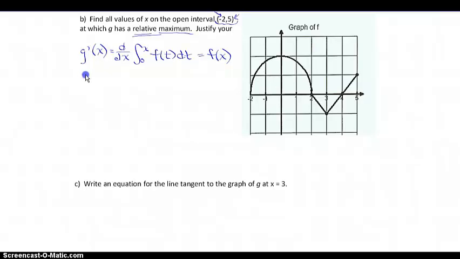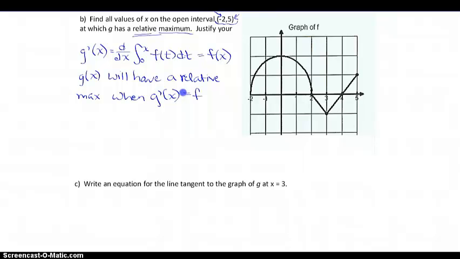And again, g will have a relative max when g prime of x, which we already said is f of x, changes from positive to negative.